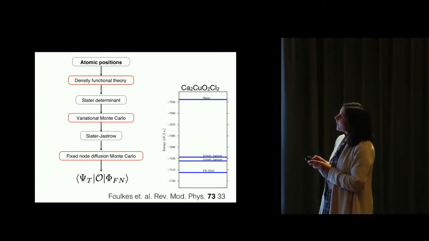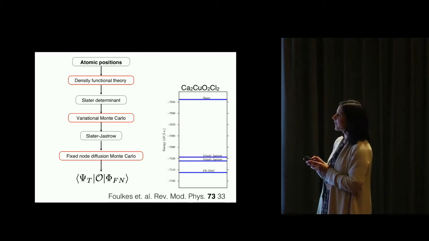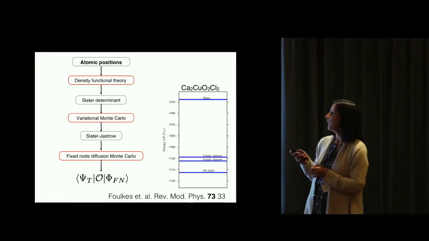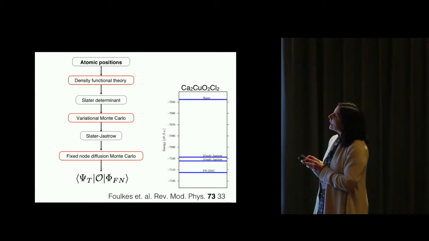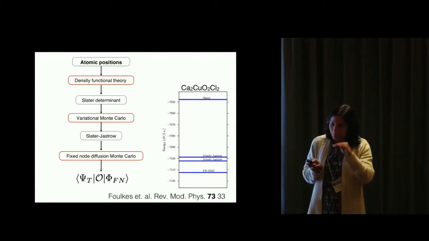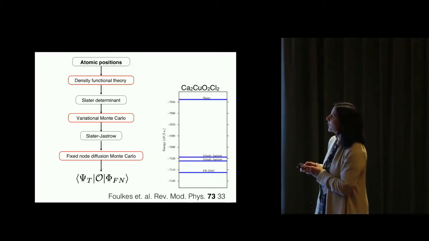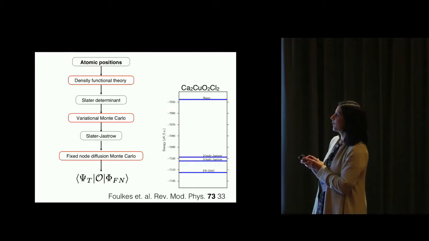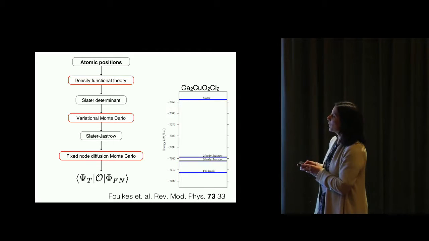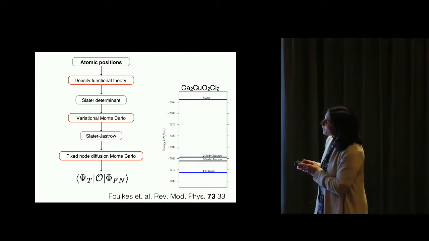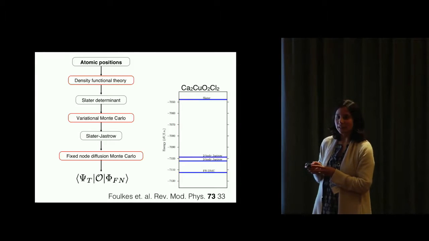And so here's an example. This material here is kind of a parent material for a superconductor. You can tell that we're doing better each step of the way because the energy is dropping. It's getting lower and lower as we go. So here's just the Slater determinant energy. When we introduce a 2 or 3-body Jastrow function, it actually drops by about 50 electron volts or so.